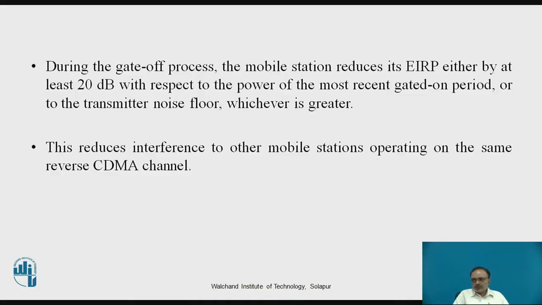During the gate off process, the mobile station reduces its EIRP either by at least 20 dB with respect to the power of the most recent gated on period or to the transmitter noise floor, whichever is greater. That is a minimum condition defined for the gate off process that reduces the interference to other mobile stations operating on the same reverse CDMA channel.